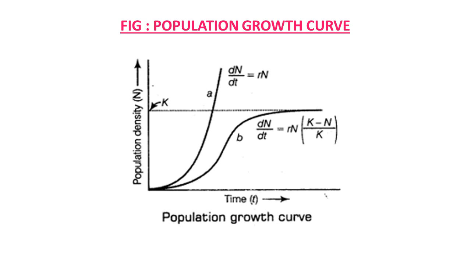In this chart you can see the population growth curve: it is time, small t, against population density, capital N. You can see here it's a J-shaped curve. The shape is J-shaped, that's why it is known as the J-shaped curve.